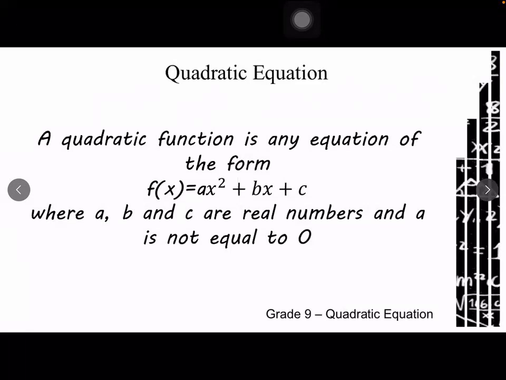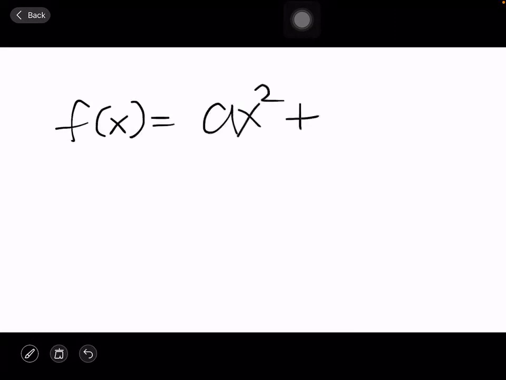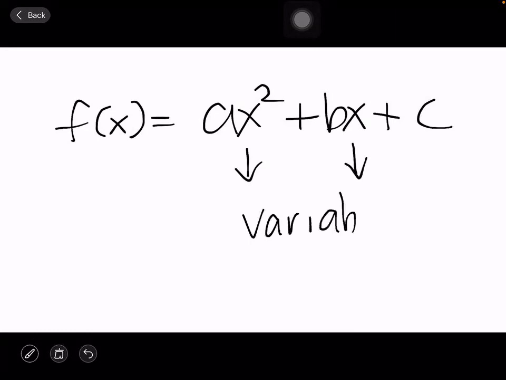In this equation, we have a, b, c are real numbers and a is not equal to 0. So going to our whiteboard, let us elaborate the entire expression. Are you ready? We have f of x is equivalent to ax squared plus bx plus c. Always remember, x squared and x are only variables.